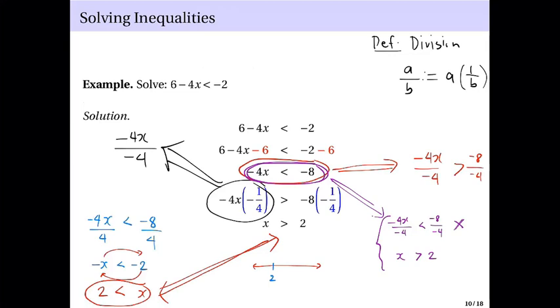And then you want your x to be greater than 2, so 2 is not included. We use parentheses, and the parenthesis opens to the right because you want your x to be greater than 2. And then you have your blue ray pointing to the positive infinity direction, or pointing to the right.